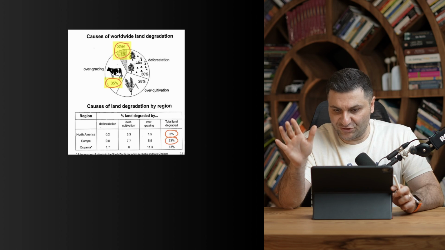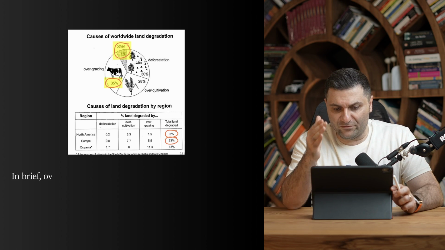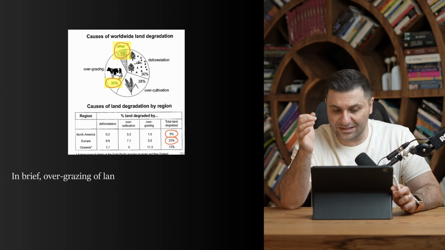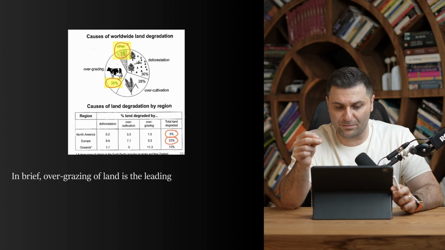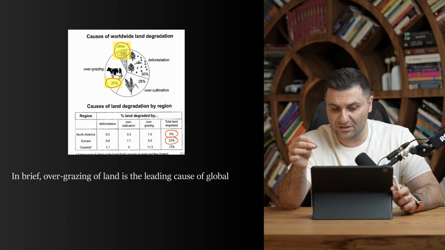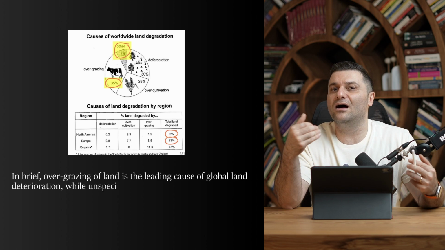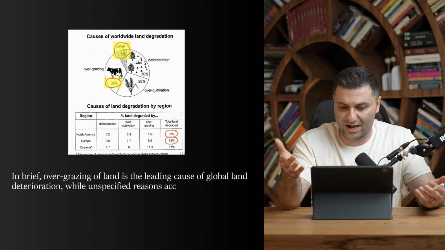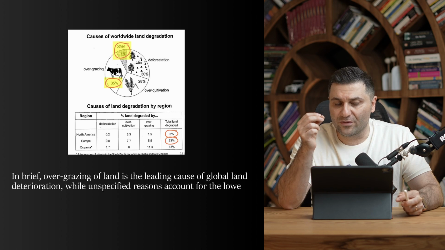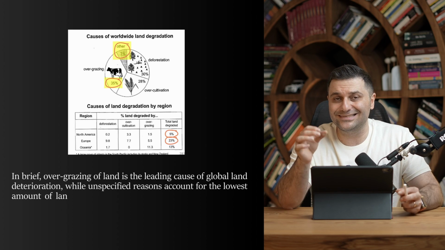So about the pie chart, in brief, overgrazing of land is the leading cause of global land deterioration, while unspecified reasons, or you can also write other factors, account for the lowest amount of land decay.